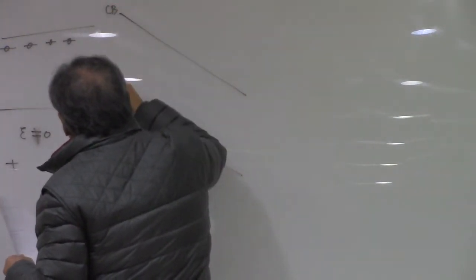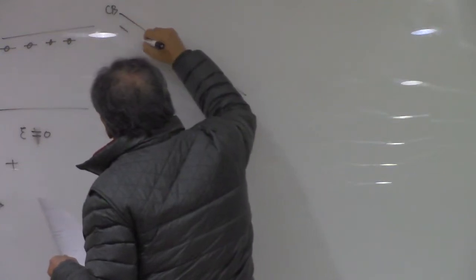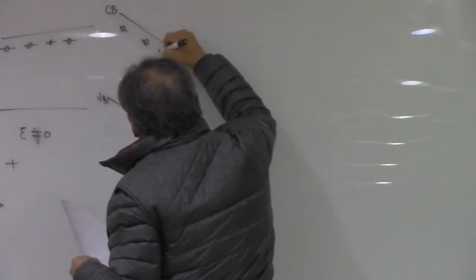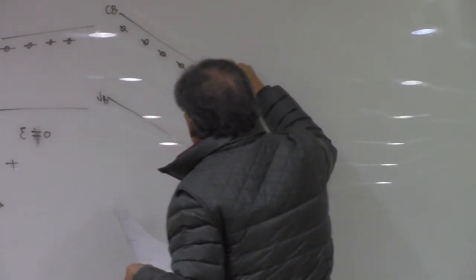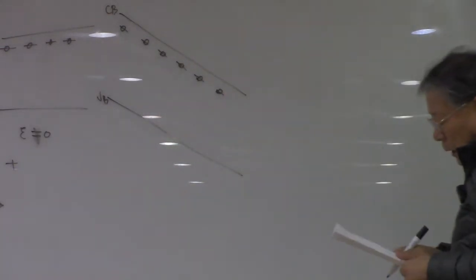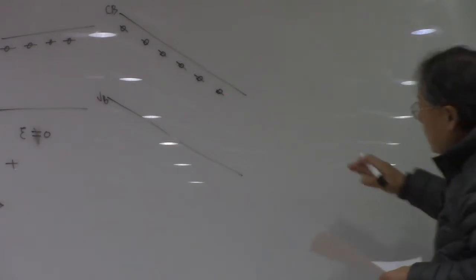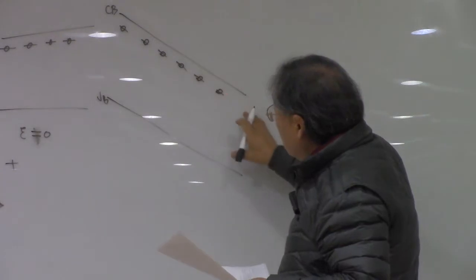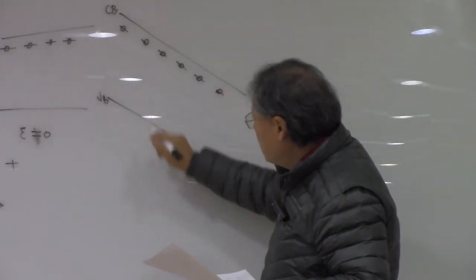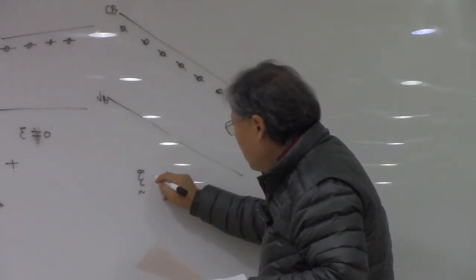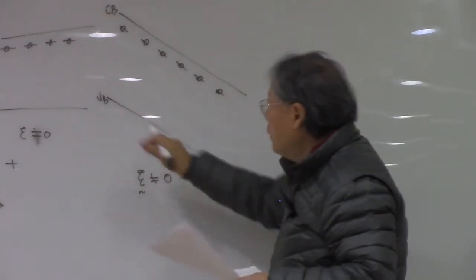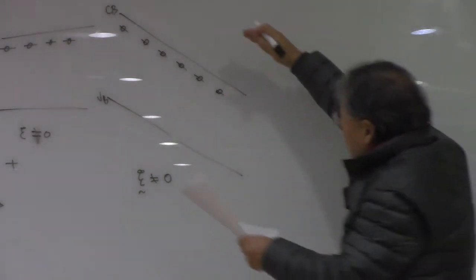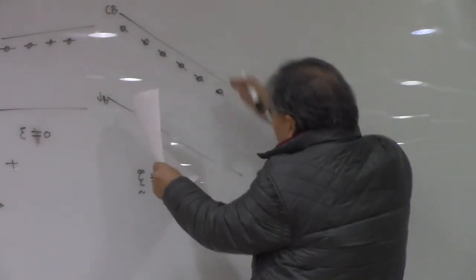The defect levels or impurity levels are going to change accordingly. You are going to have a slope when the electric field is applied to this material. If you apply a high electric field, then this band is going to be tilted at more angle.